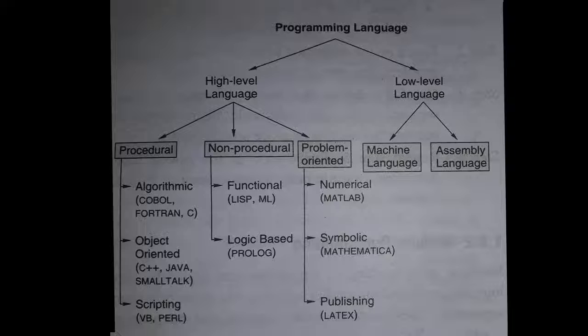The second type of high-level language is non-procedural language. Non-procedural languages are again classified into two: functional and logic based. Functional languages solve a problem by applying a set of functions to initial variables in specific ways to get an answer. In simple words, you need to have different variables and different functions for each and every different calculation.